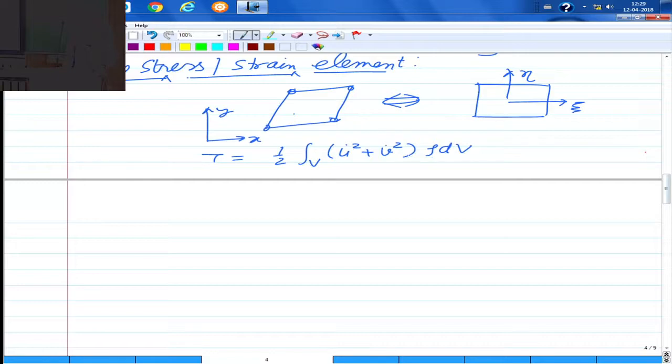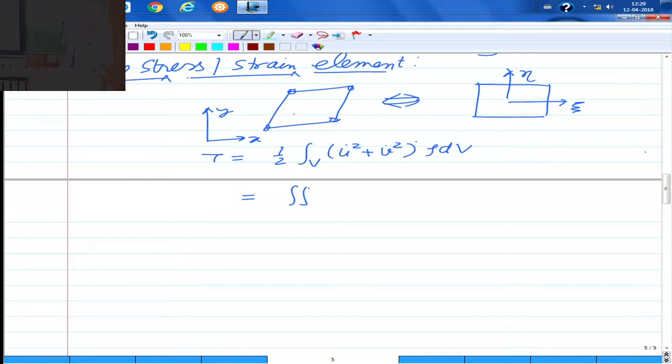So now finally we want to write the final expression for this kinetic energy in terms of shape functions. You can split this again, because u dot and v dot are only functions of x, y and of course time. So I can split this integral into area integration over x and y and thickness integration.